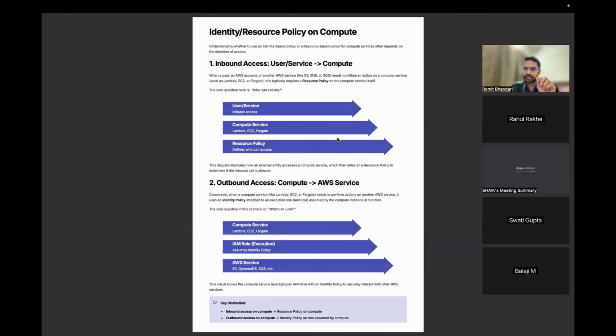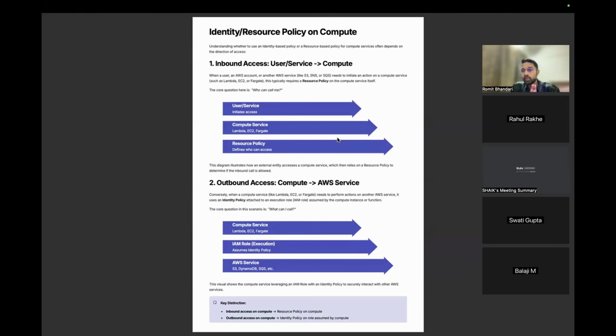Generally it would be a single S3 only, so principal would be singular generally. Then let's talk about the second case. Inbound access, who can call me, is what you need, which means you need a resource based permission or resource policy on Lambda or on EC2 or on ECS, EKS.